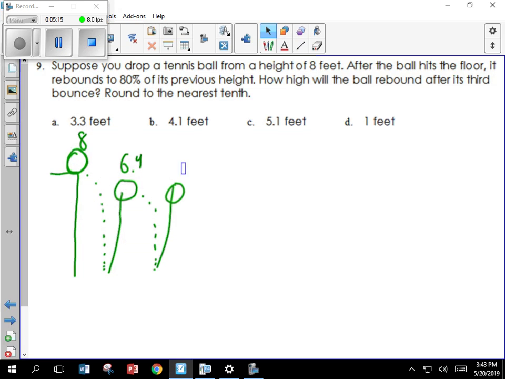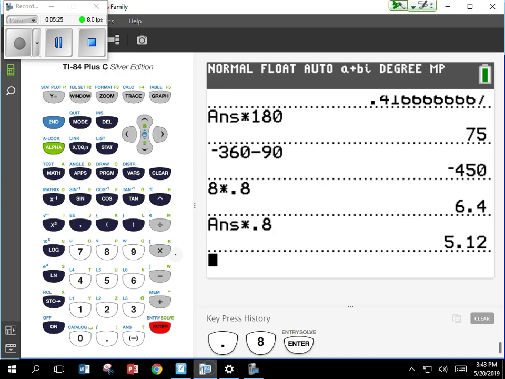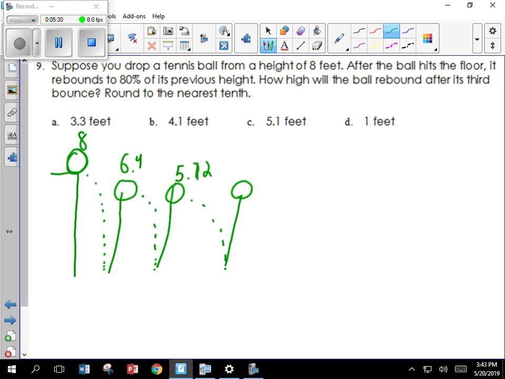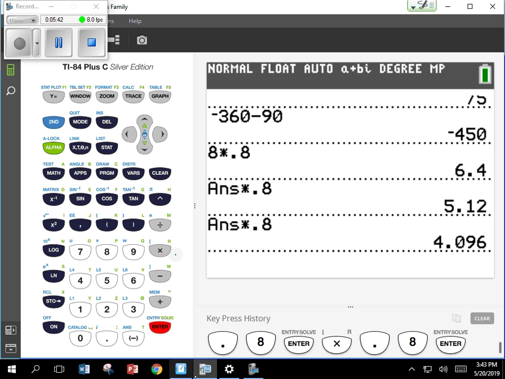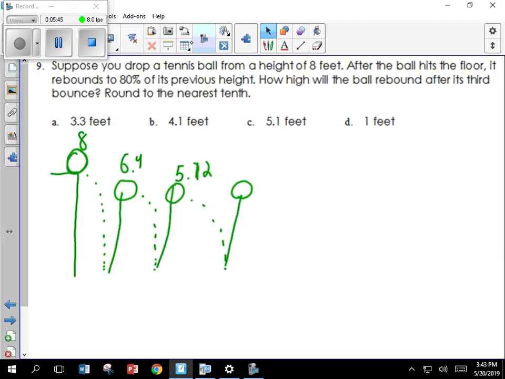So that bounce, my second bounce, is at 5.12. Then it bounces again for the third time. Times 0.8 again. 4.096, which if you look at our options, 4.1 is what it rounds up to. So B is our correct answer.